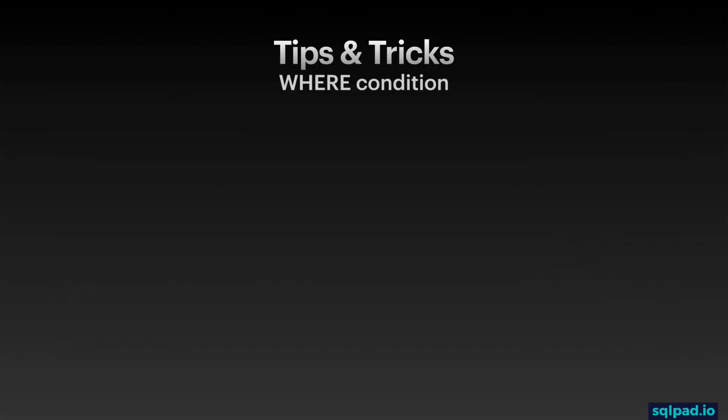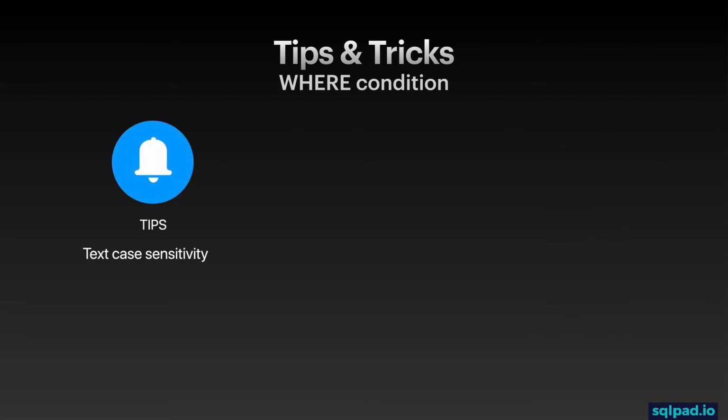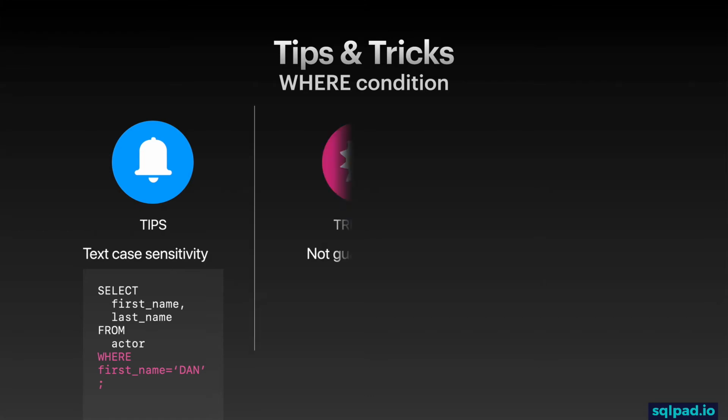Now it's time to talk a little bit about tips and tricks regarding where conditions. In my last example, I have this select statement where I'm interested to find out who's first among all the actors whose first name equals Dan. And very often, depending on the database implementation, text case sensitivity is not always guaranteed.